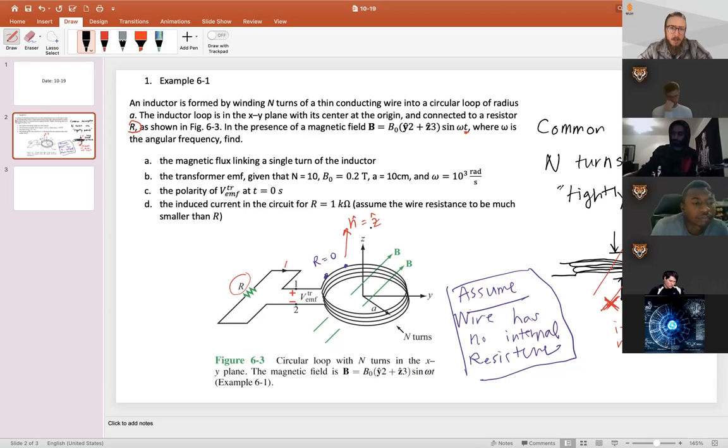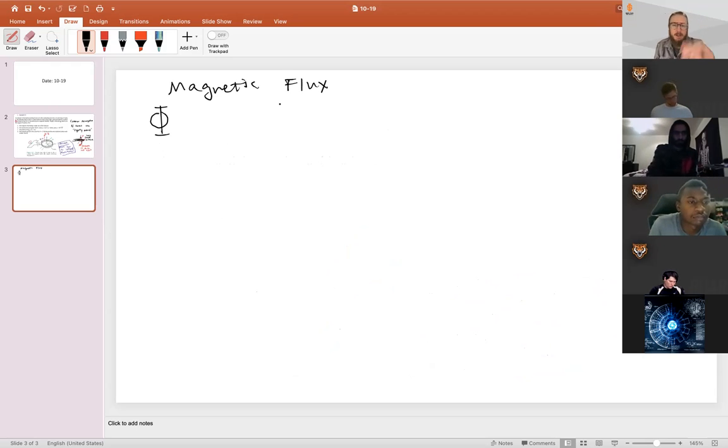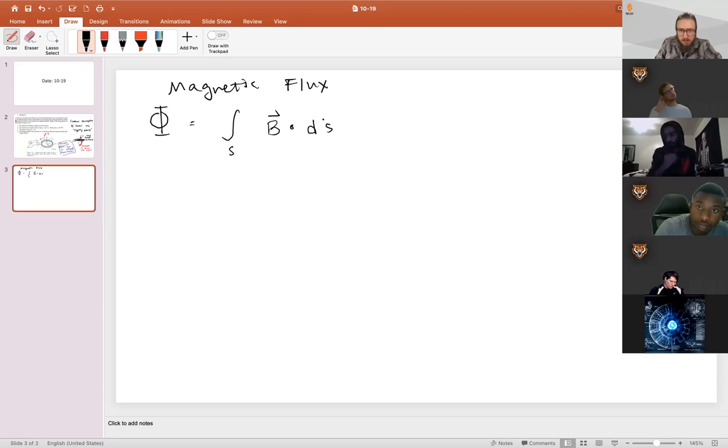So the magnetic flux is this capital phi, and this is given as the B field dot with dS.